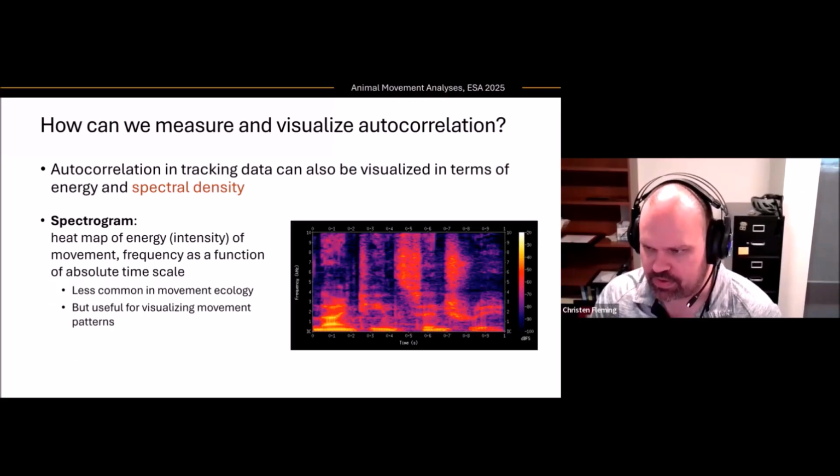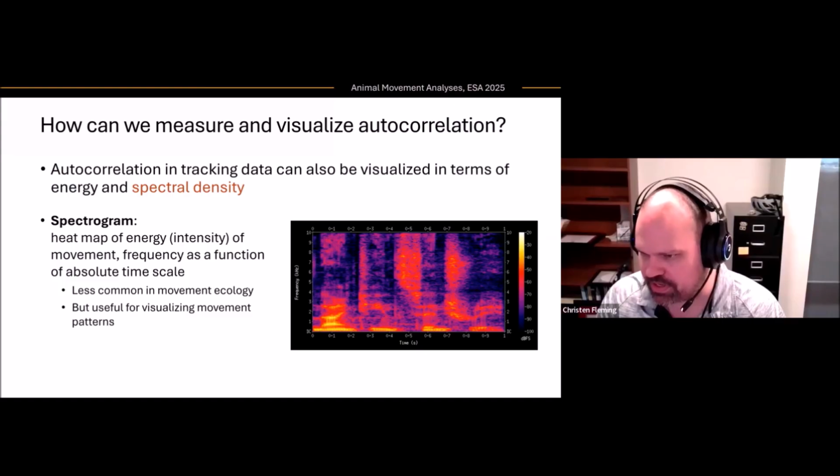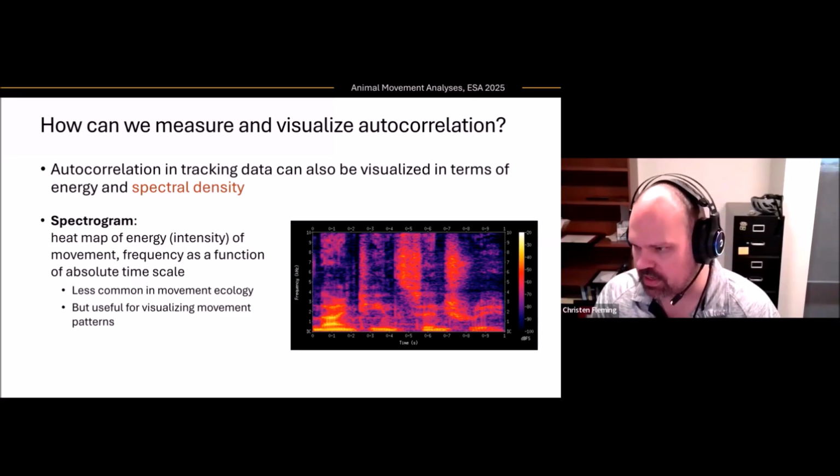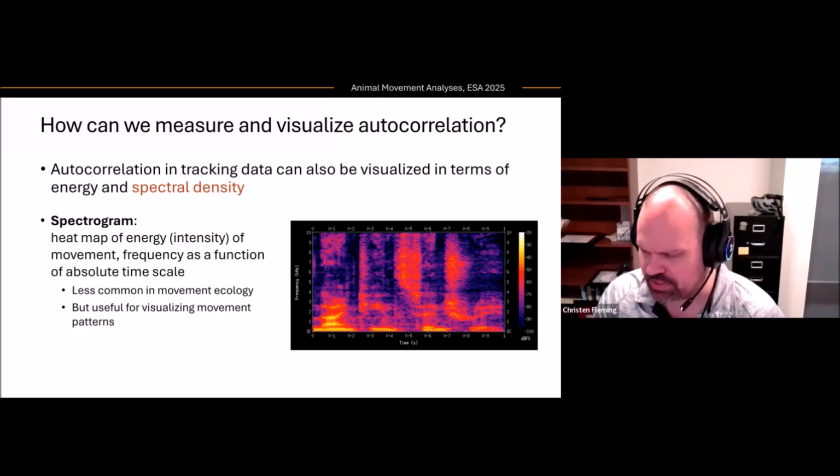And then also, if you have changes in these periodicities over time, then the way that people look at this kind of information is with spectrograms. So these are tools that you would see people use in many other places in ecology other than movement ecology. You would see these, for instance, in looking at bird songs or electric eel signals and things.